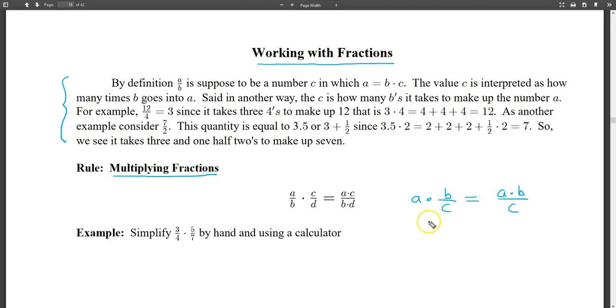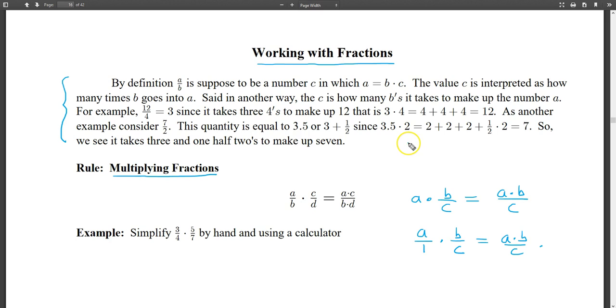And the reason is because it still follows this rule. You think of the a as being a divided by 1 times b over c, and then you follow this rule. So you see you'd get a times b over 1 times c, which is just c. There you go.